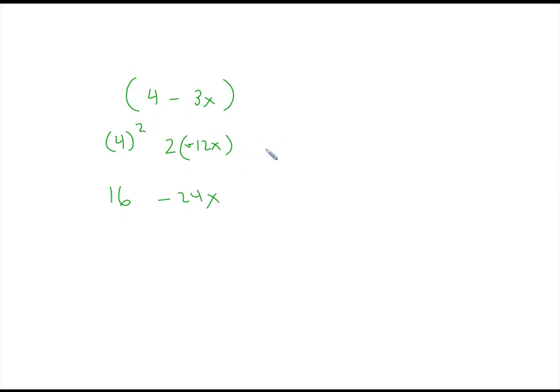Okay? And to get the last part of my answer, I just square the negative 3x, which gives me a positive. Remember I told you, anytime you square something, your answer is going to be positive. So you get 9x squared. And that would be your answer. Okay? Let's try a few more.